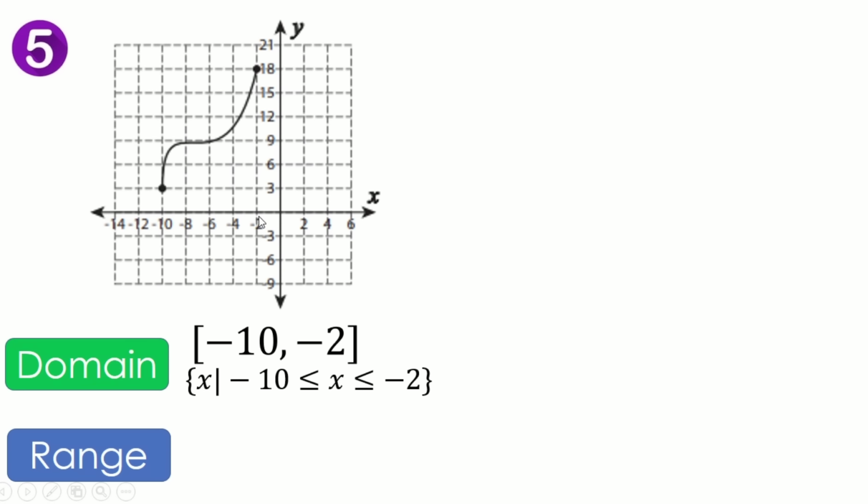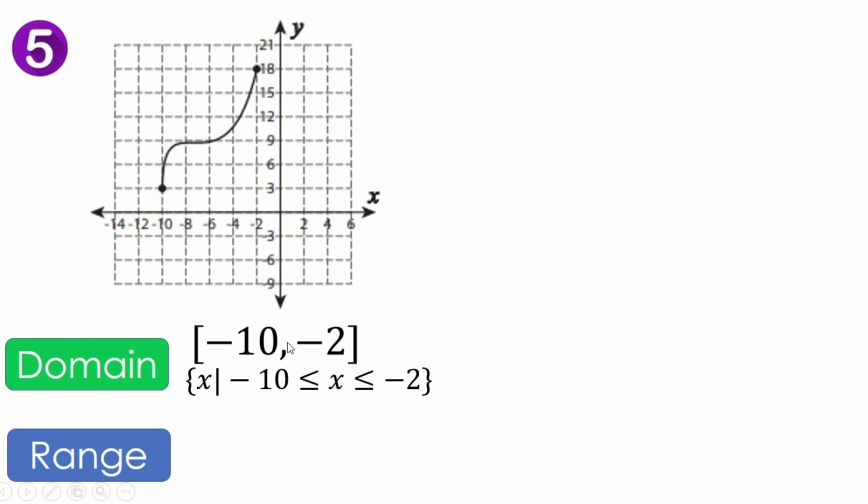So ibig sabihin, pag nilagay natin as interval notation, ganito siya. Kapag included, ibig sabihin naka-shaded siya, ang gagamitin nyo ito, naka-bracket. Yan, bracket. Then, ihiwalayin nyo lang ng by comma.